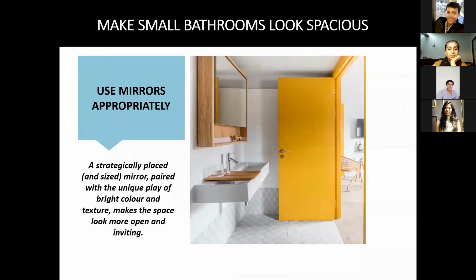Use mirrors appropriately. A strategically placed mirror paired with a unique play of bright colors and texture makes the space look more open and inviting. As ma'am already discussed before, we have used the space behind the mirror, an added 6 to 8 inches, to increase the storage space.